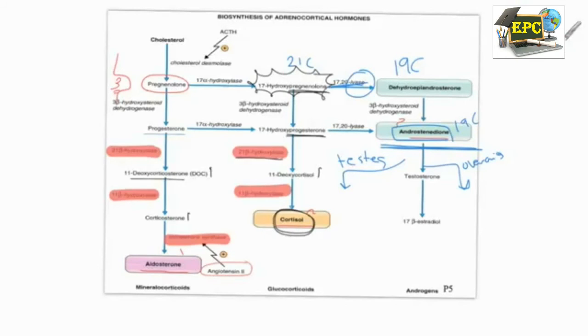We convert it into testosterone, which is again a 19 carbon molecule. And this is a very strong androgen, but we can convert it into a very potent androgen, which is dihydrotestosterone, abbreviated as DHT.